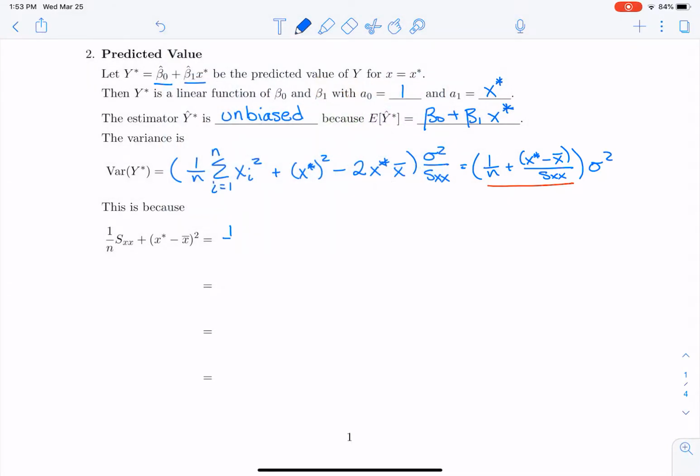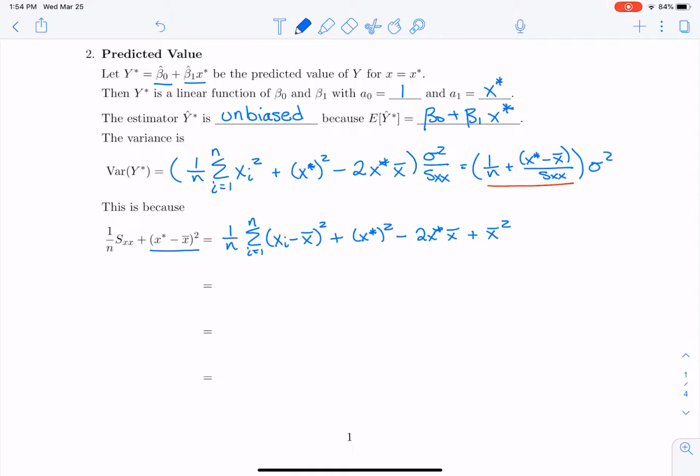Okay, so that's 1 over n, and then we have to substitute in our definition of s sub xx. S sub xx is the sum of x sub i minus x bar squared, plus, and then I'm going to square that term. So I'm going to get x star squared minus 2x star x bar plus x bar squared.